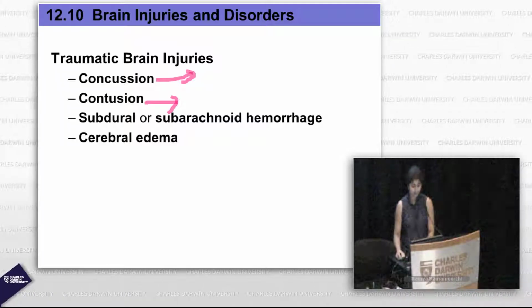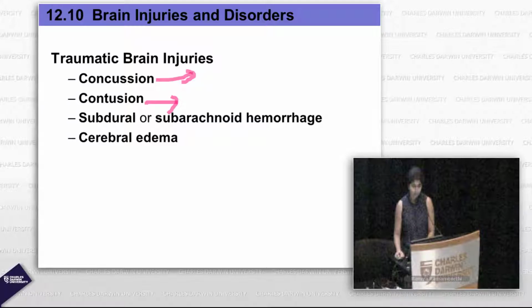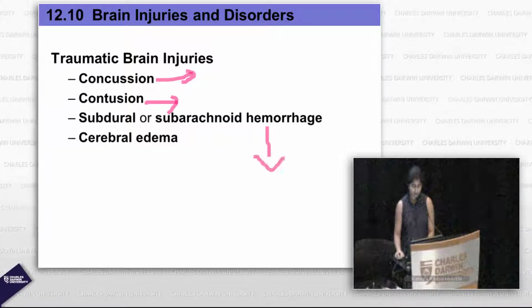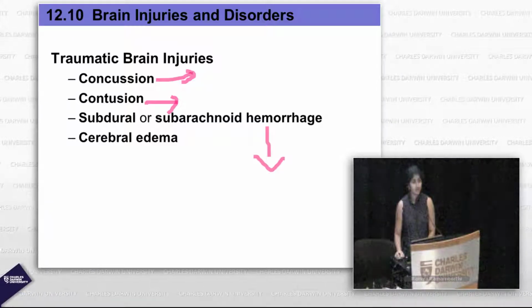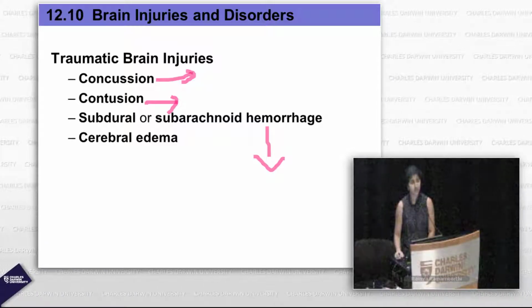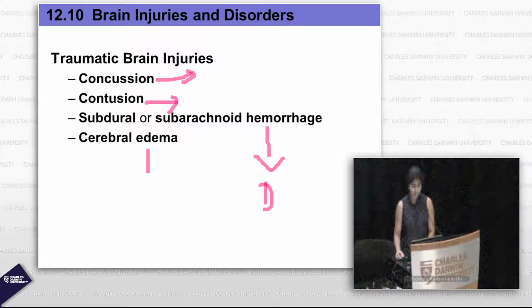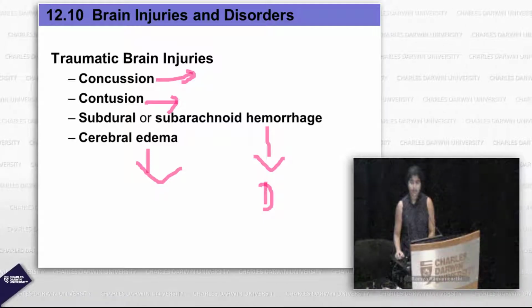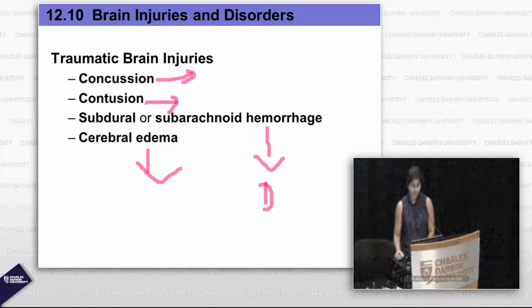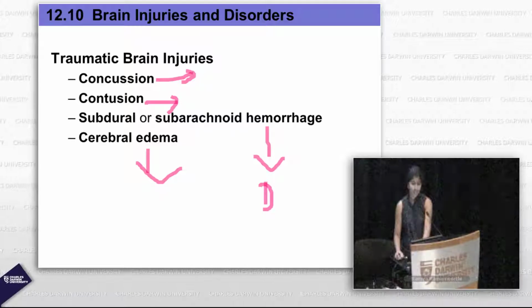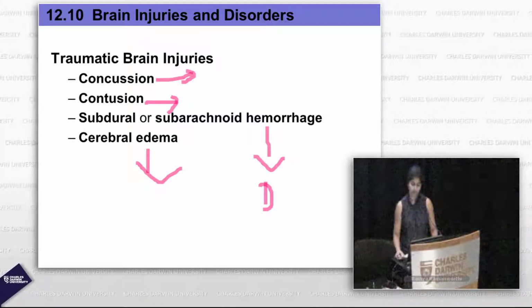If this bleeding happens, what can happen? Bleeding within your subdural space or a subarachnoid hemorrhage can actually lead to death, isn't it? And then cerebral edema, again, can lead to death as well, and this is associated with head injury. Okay, all these. So there are just different degrees there.